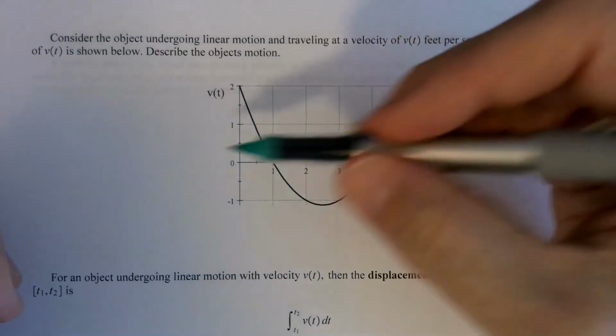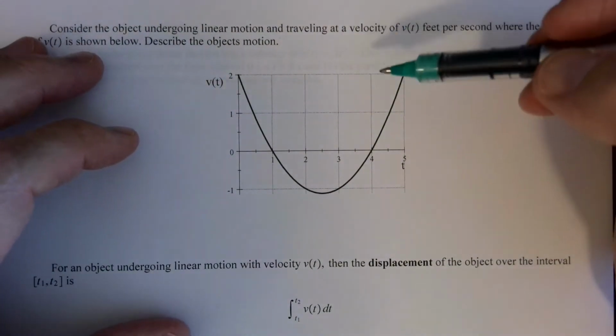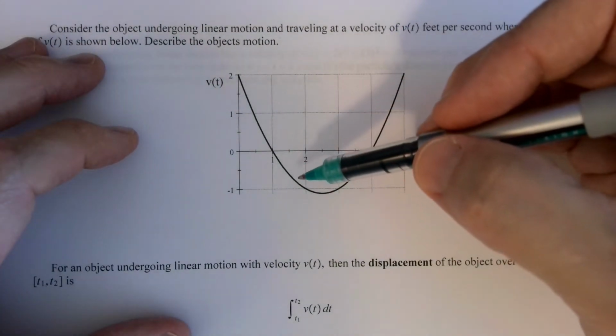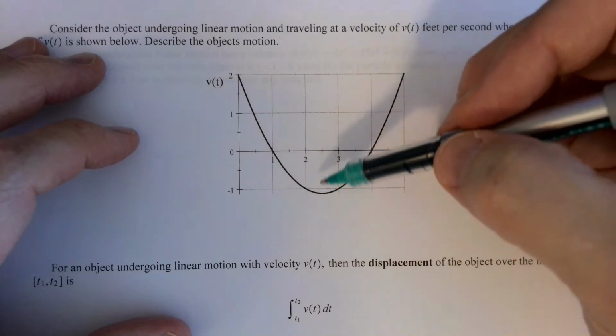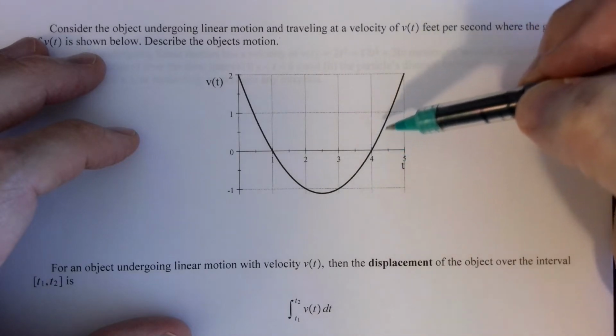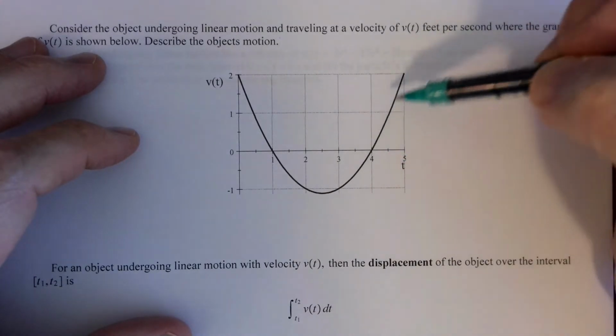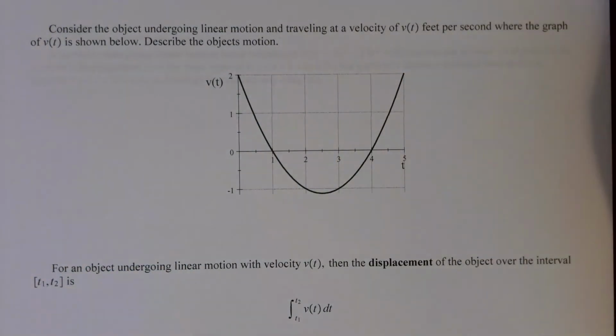So we're either moving to the left or going down if we're talking about straight line linear motion. Velocity is negative, reaches a maximum negative at about 2.5, and then is still negative, getting less negative back up to 4, and then we're positive again, so we're moving to the right, say.